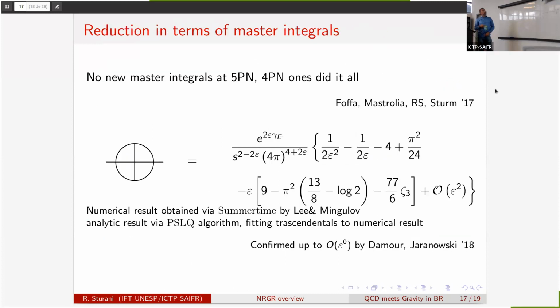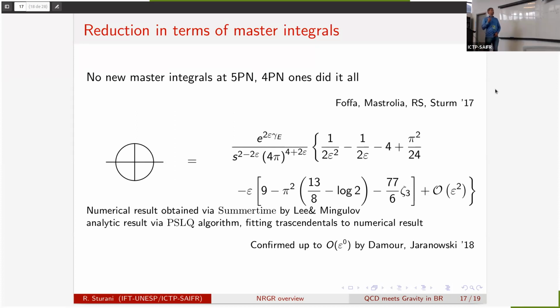To get to 5PN, there was only one new master integral that we had to compute, and actually it was already computed numerically. This was a 4-loop self-energy diagram in a gauge theory that was computed numerically, and we fit it to an analytic formula with a very reduced set of transcendental numbers.